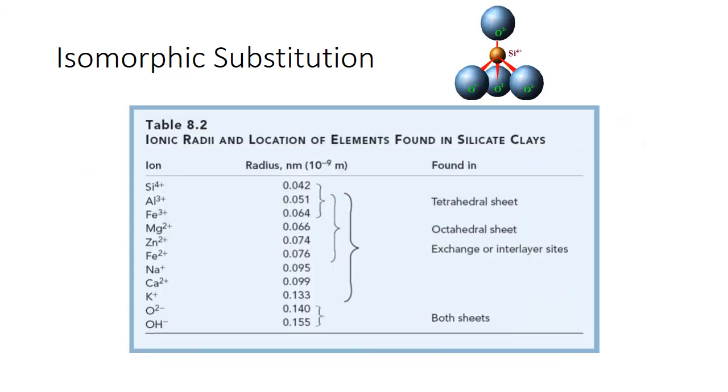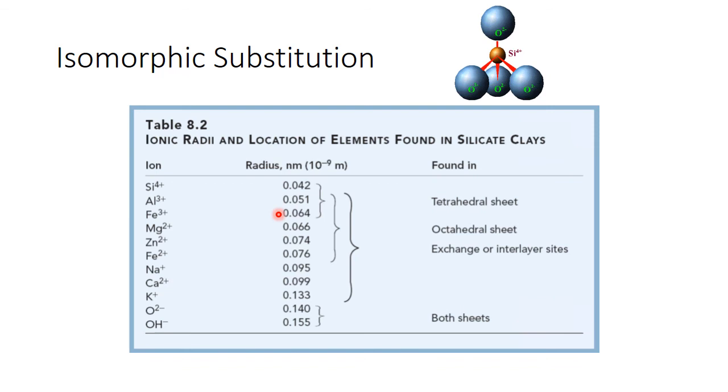So in this figure, we show silicon for tetrahedron sheets, and so this top bracket here, the silicon goes from 0.042 for silicon, and then we have aluminum at 0.051, iron at 0.064 nanometers. And for each of those, we have a very similar size. So that means that aluminum and iron, being similar in size to silicon, can take the place of silicon inside a tetrahedron.